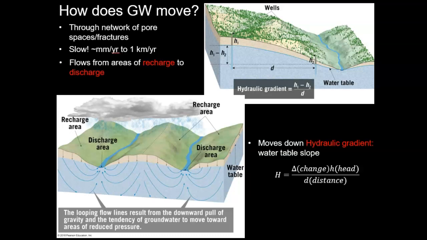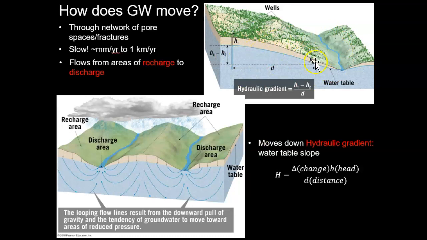So when you have a steep slope in your water table, there will be a greater pressure difference between 2 points. The water slope is known as the hydraulic gradient, and it's expressed as the change in head over a given distance, as you're seeing here at the bottom. The change in head itself is the elevation of 1 point on the water table minus the elevation of a second point on the water table, as this graph up here is kind of showing.